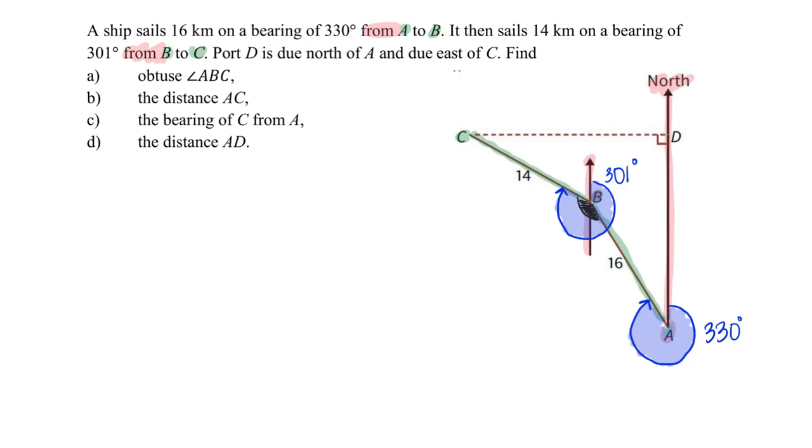Okay, step 1. I saw something. I saw this red color and this red color. Why are they the same? Because of alternate angles.